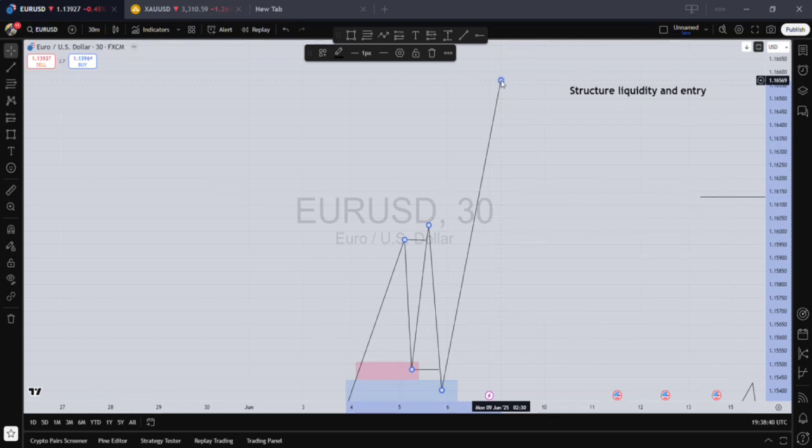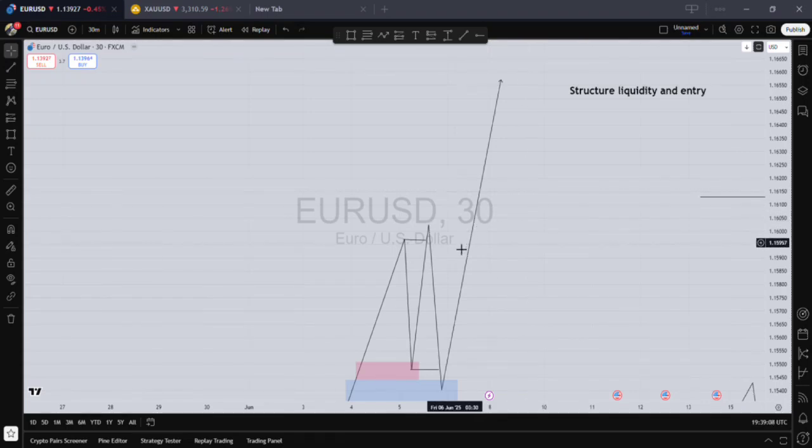Anytime I see this kind of setup, I always prepare myself, prepare my risk. There is a kind of risk that I take when I'm taking this kind of setup that I don't take with other setups. It's just like a personal decision. Okay, whenever I'm trading this kind of setup, I'm always so relaxed.